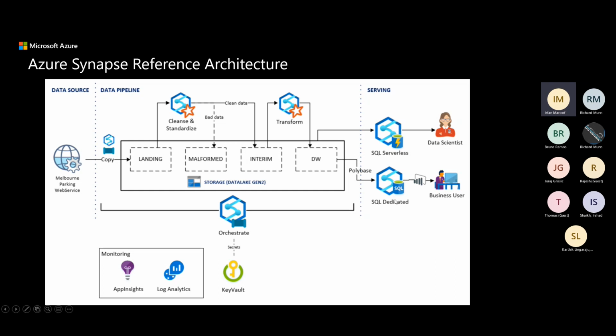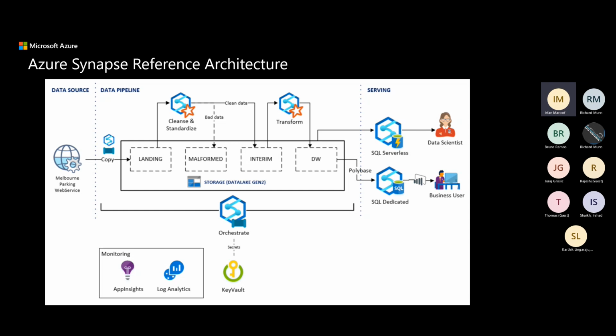For example, what we do for the dedicated pool is similar to database development for SQL Server or for Azure SQL. And for Synapse pipeline or the workspace, it's also similar, if I can say, to Data Factory.